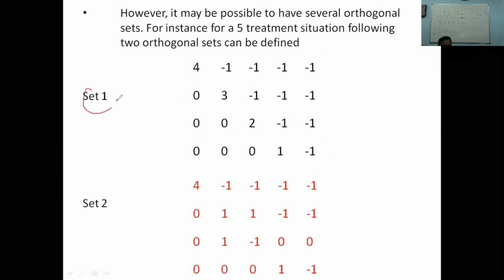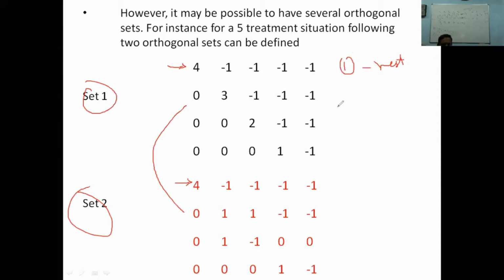This is set 1. This is set 2. Maybe the first contrast is the same in this example. But look at the second. Is this second the same as the second here? No, it is different. So here, tell me, this is 1 versus the rest.